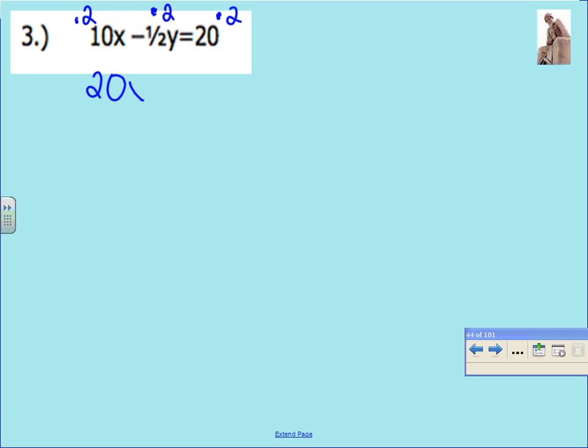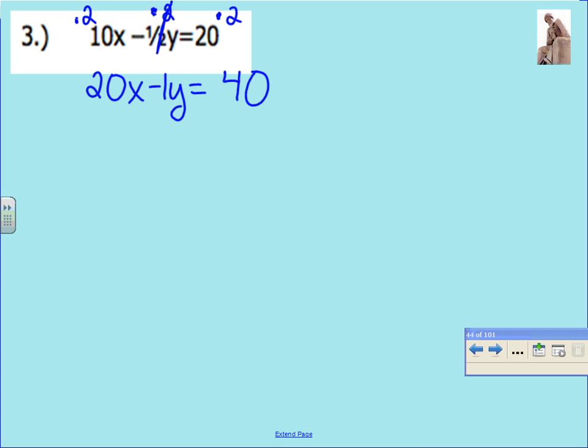So this will become 20x. 1/2 times 2 is 1. So these 2's cancel. Minus 1y equals 20 times 2 is 40. So your first step is getting rid of the fraction. To get rid of the fraction, multiply every term by the bottom of it.